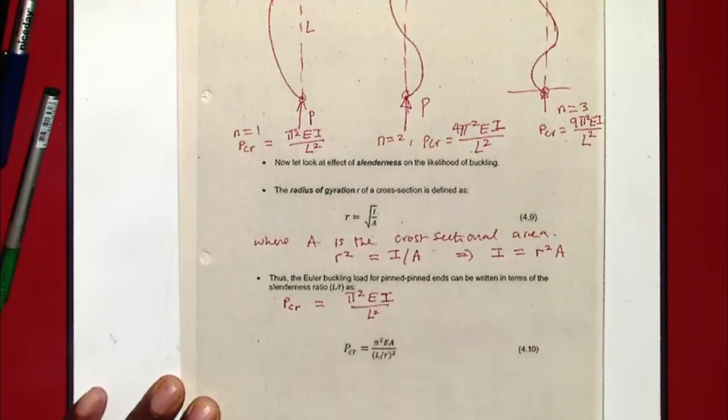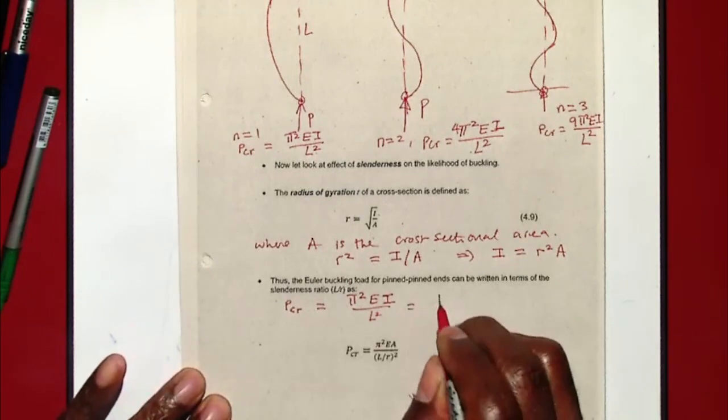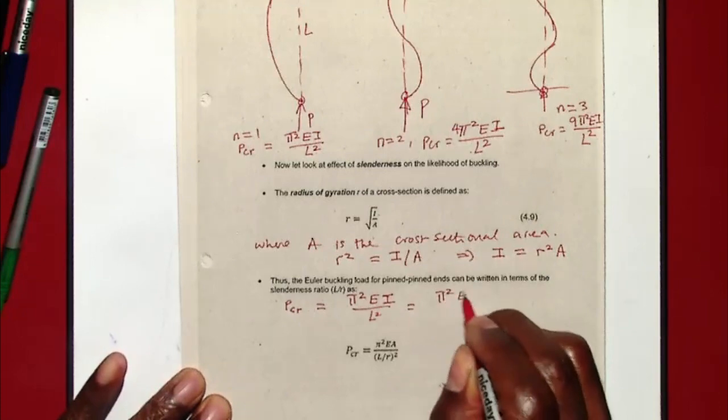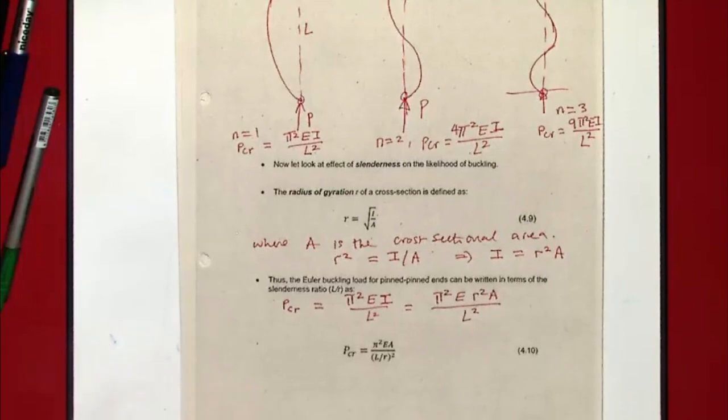Okay. For a structure which is pinned at both ends, but now instead of I, I'm going to put R squared times A, so that is now pi squared E R squared A all over L squared. So I've replaced I with the radius of gyration R squared multiplied by the area of the cross section.